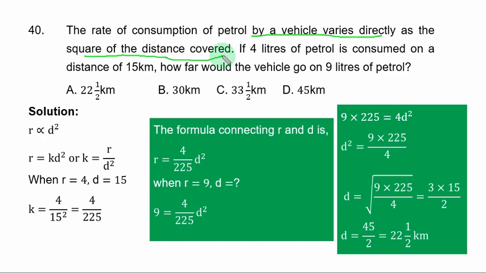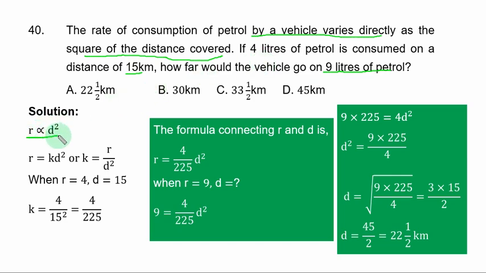If 4 liters of petrol is consumed on a distance of 15 kilometers, how far would the vehicle go on 9 liters of petrol? This problem is from direct variation or direct proportion. So let the rate be R. So rate varies directly as the square of distance.